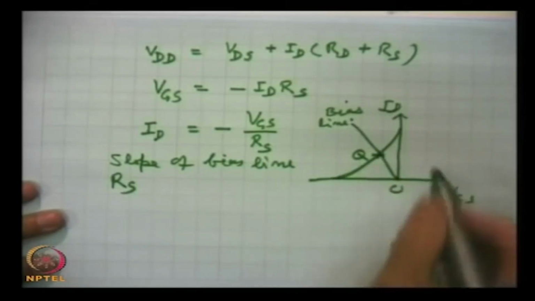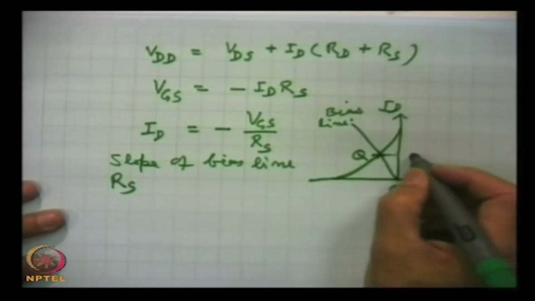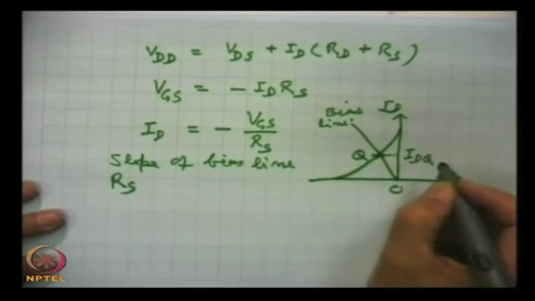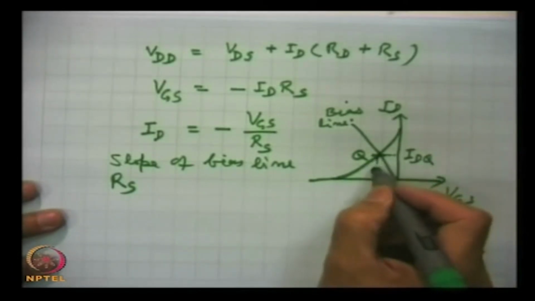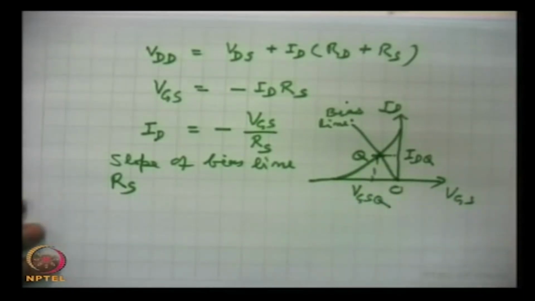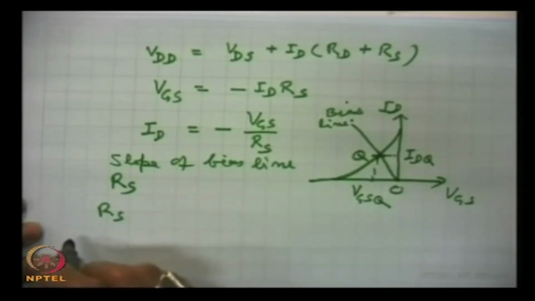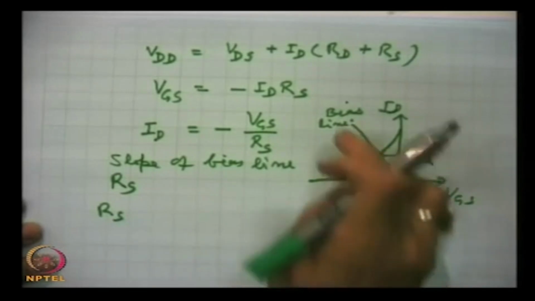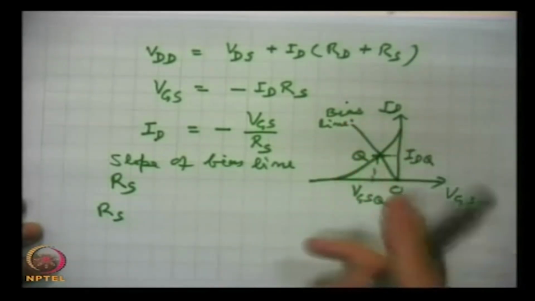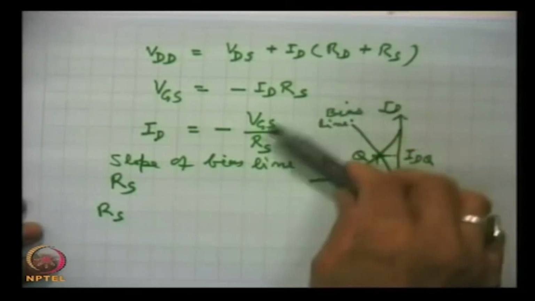and from these curves we also know the value of the drain current at the Q point and V G S at the Q point. So, three parameters are known. R S, the resistance in the circuit, is known; that will be determined by the slope, and the slope is dependent on where we choose the operating point.